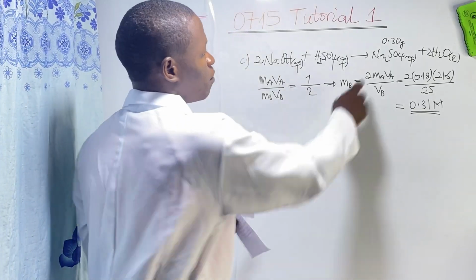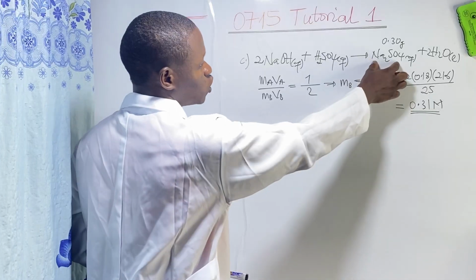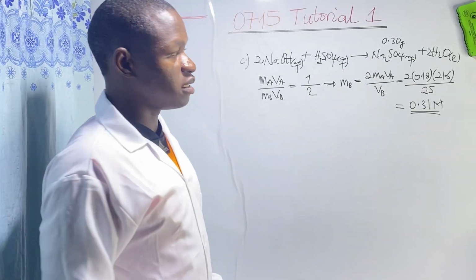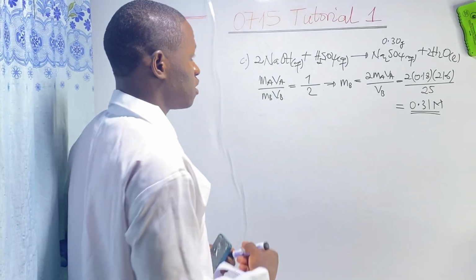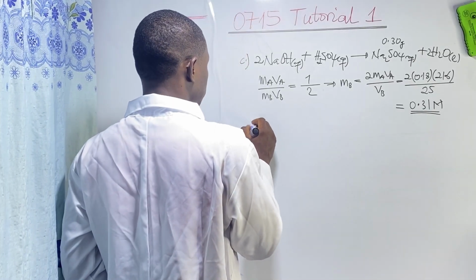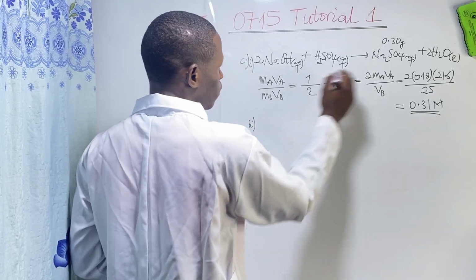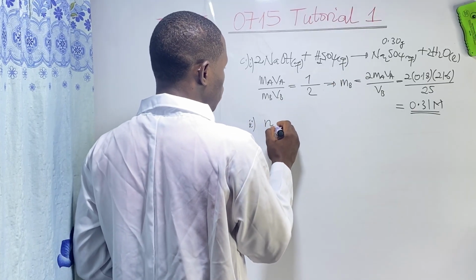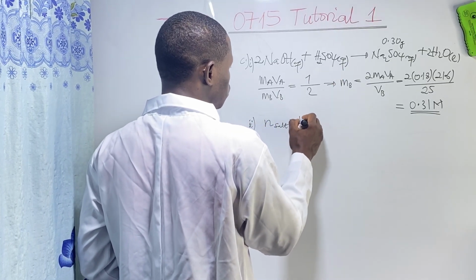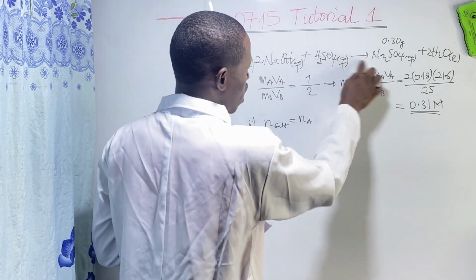So to get the mass of the salt, we use the mole ratio between the salt and the acid, since they give us all the values of the acid. From the balanced equation, what do we see? The number of moles of the salt is equal to the number of moles of the acid, right? 1, 1, 1, 1.